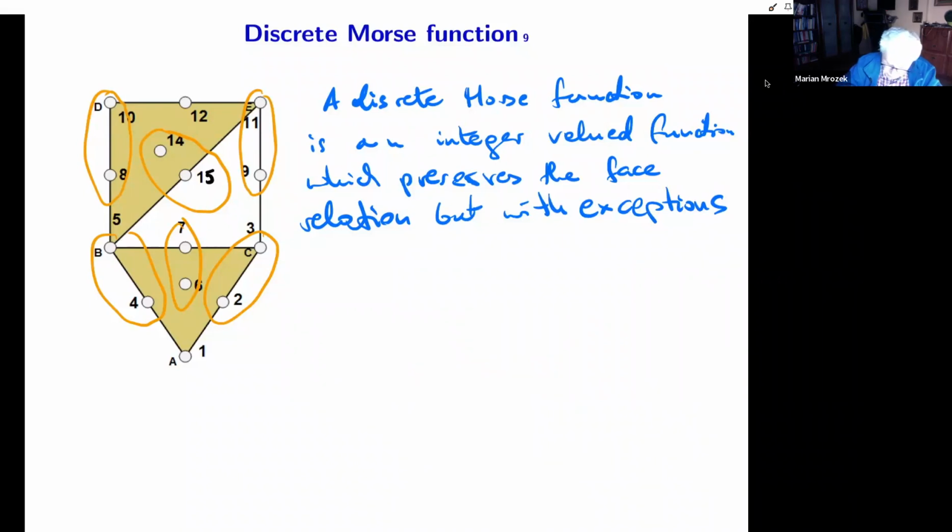So the precise definition is a little bit complicated, so maybe I write it so that it's clear. So what are the exceptions?